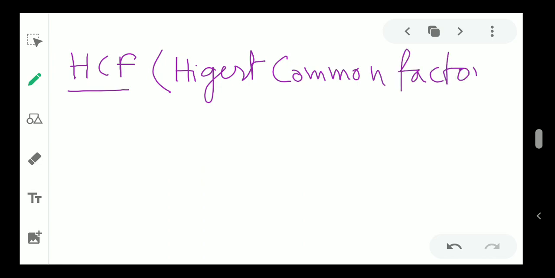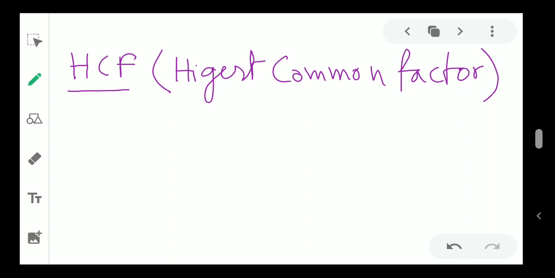So look at the terms. We know what the factors are. Common means which is similar in both cases. And highest basically means the maximum number.